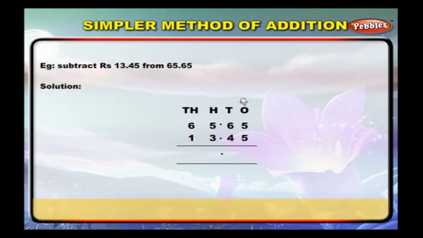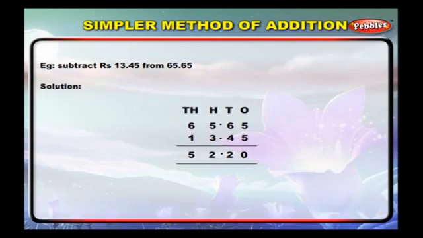Subtract ones. 5 minus 5 is equal to 0. Subtract tens column. 6 minus 4 is equal to 2. Subtract hundreds column. 5 minus 3 is equal to 2. Subtract thousands column. 6 minus 1 is equal to 5.